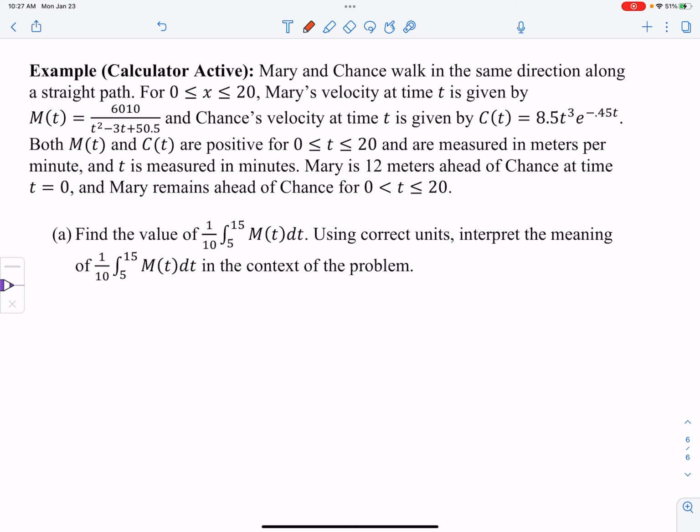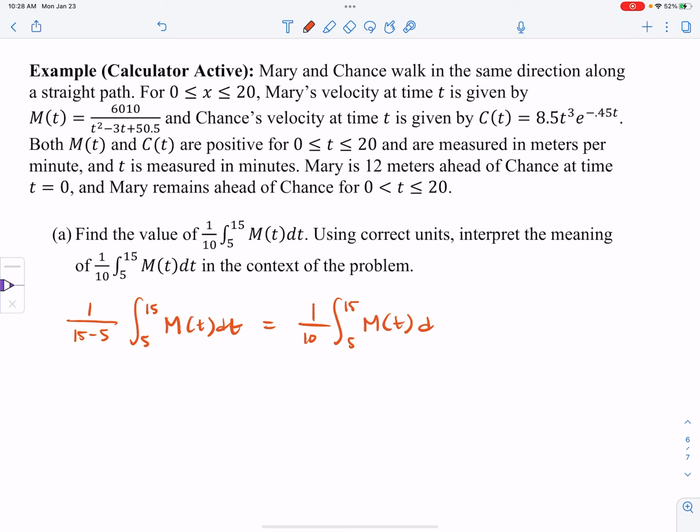Well, isn't 1/10 the same thing as 1 over 15 minus 5? So this is just the average value of m of t on the interval from 5 to 15 minutes.